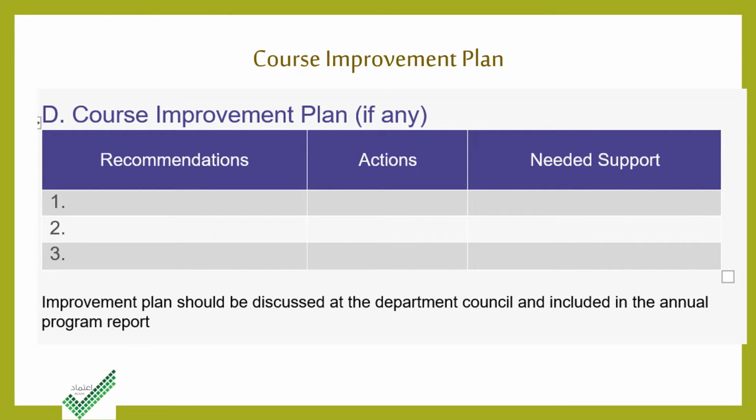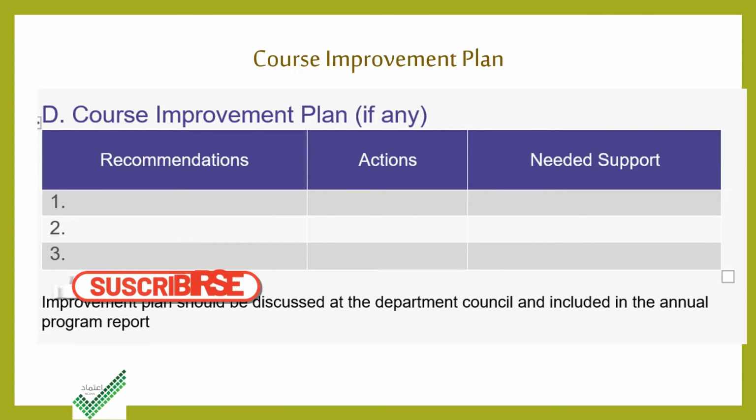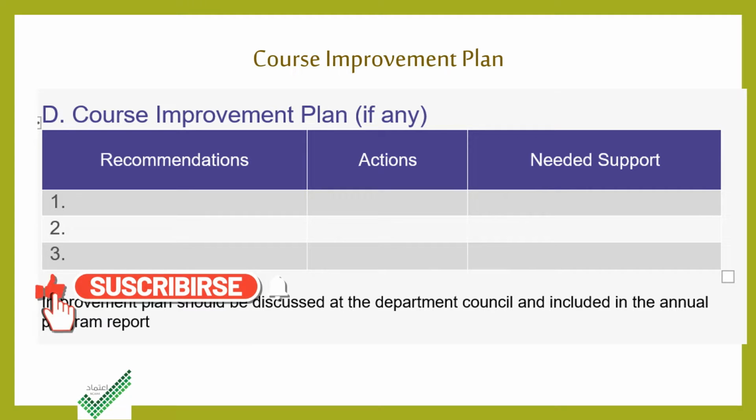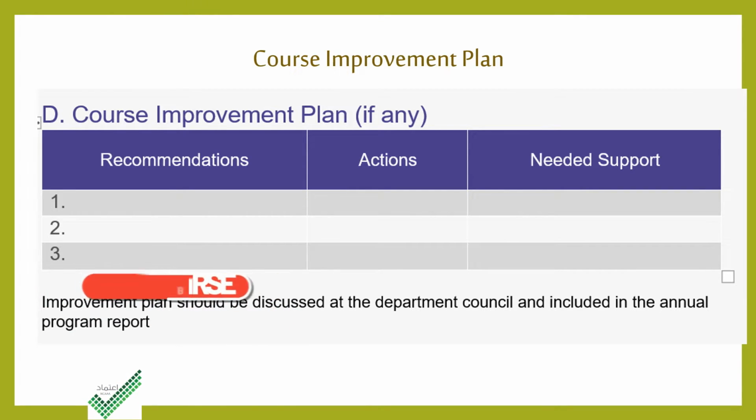But if the program offers, for example, 35 courses every semester, and for every course you need an improvement plan, and you have, as you know, to discuss this plan in the department council, your program or annual program report will be filled with a lot of improvement plans for courses, and I think it is not suitable to make changes or updates to your course every semester.